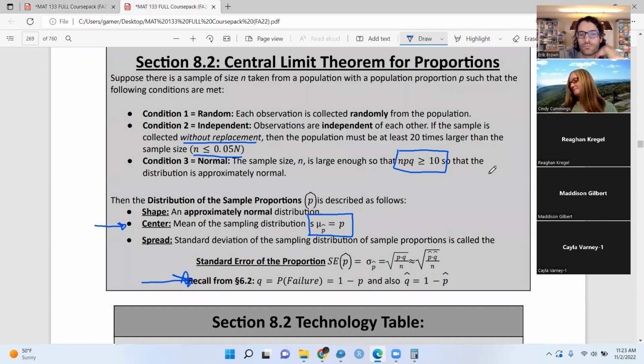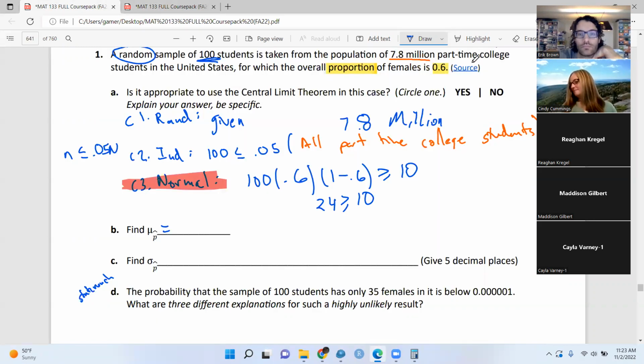So it's just the 7.8 billion. Ooh, now the 7.8 billion is the capital N. What we're looking for is the P, which I didn't label. This is the P. So it's 0.6. Okay. That's it. Yep.